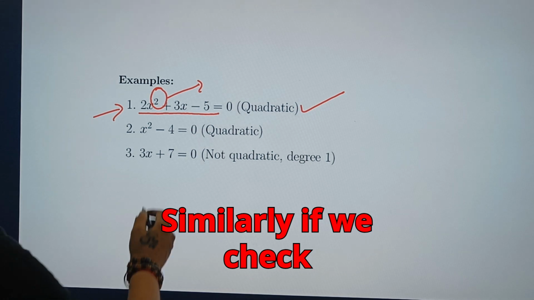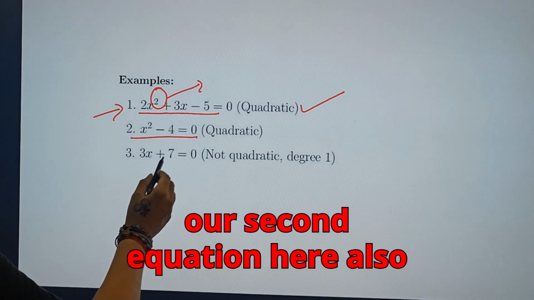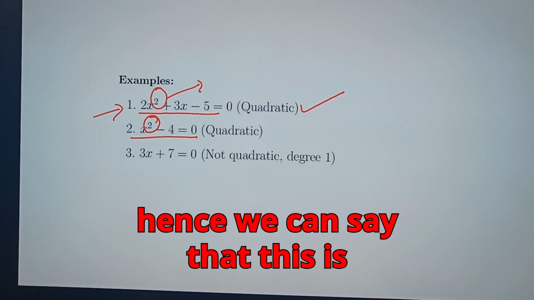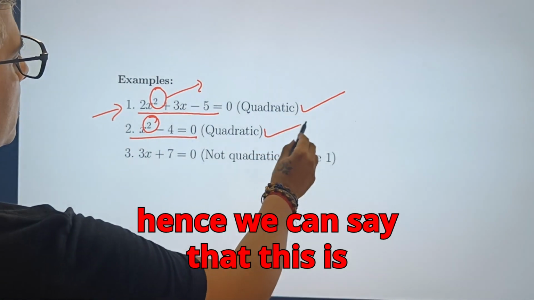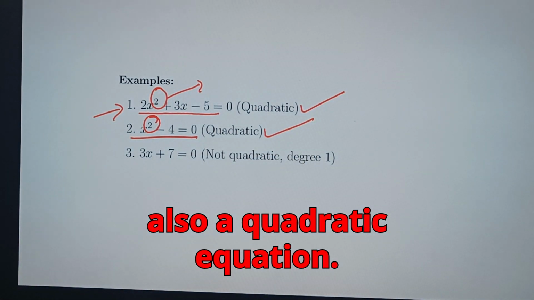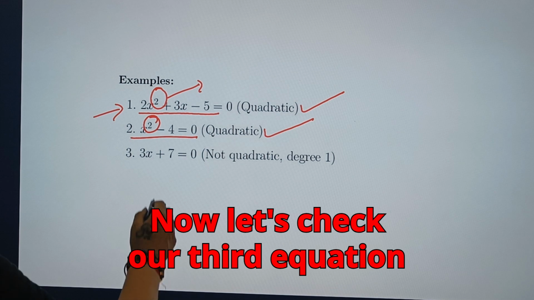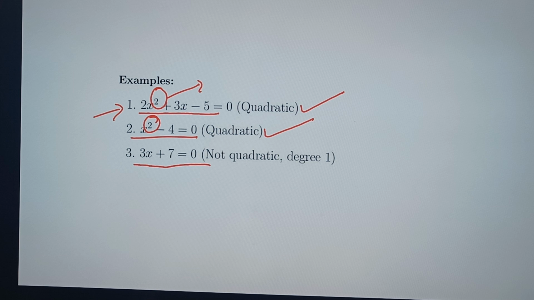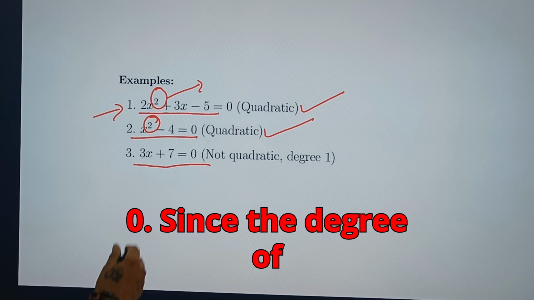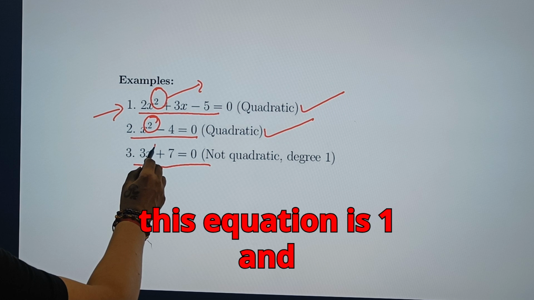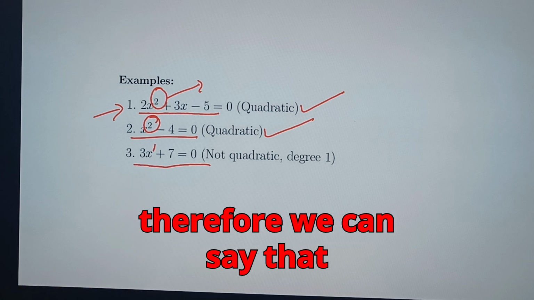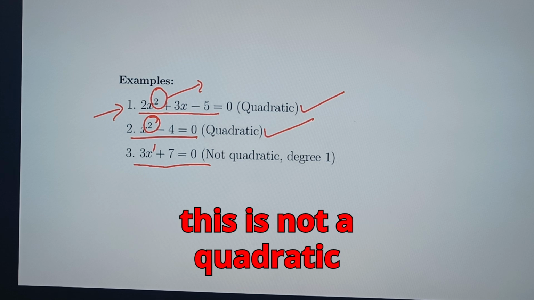Similarly, in our second equation we also have degree 2, hence this is also a quadratic equation. Now let's check our third equation, which is 3x + 7 = 0. Since the degree of this equation is 1 and it is a linear equation, this is not a quadratic equation.